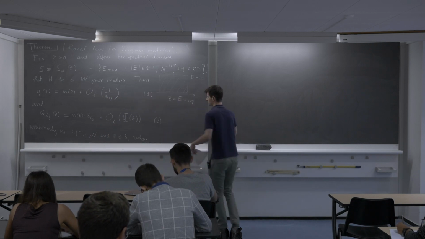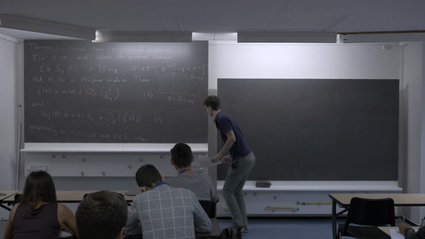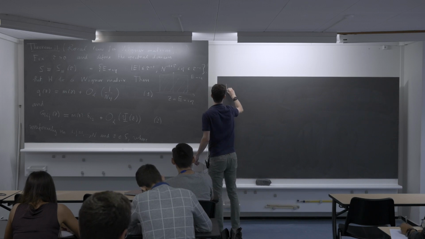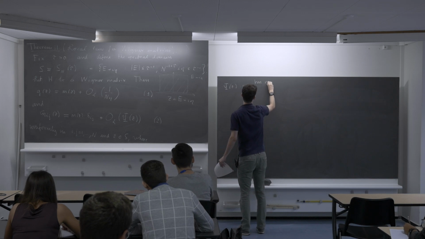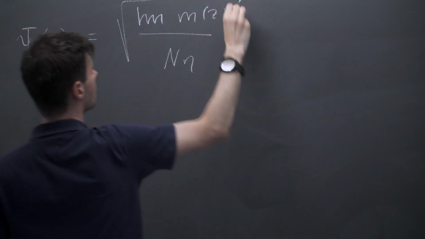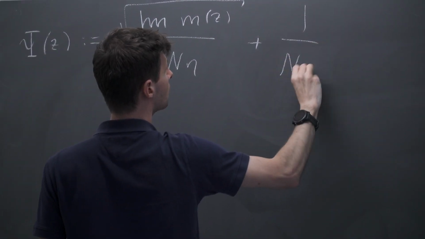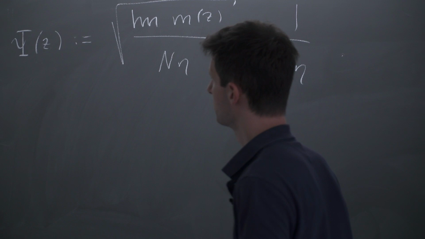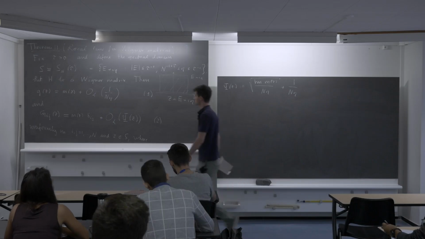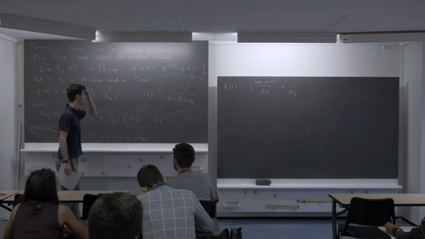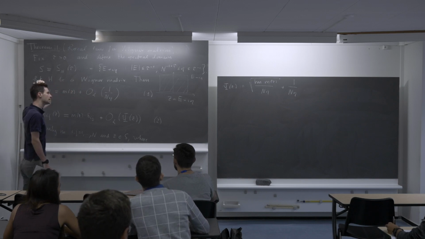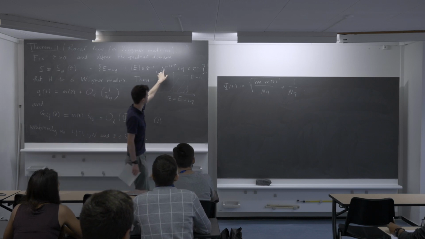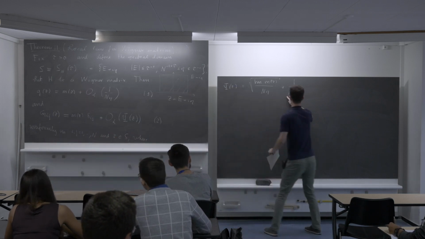Psi is defined by the following object. So it's the same thing as here, but you have another thing. You have the square root of 1 over n eta. Remember, eta is much bigger than 1 over n. So this is always a very small number.